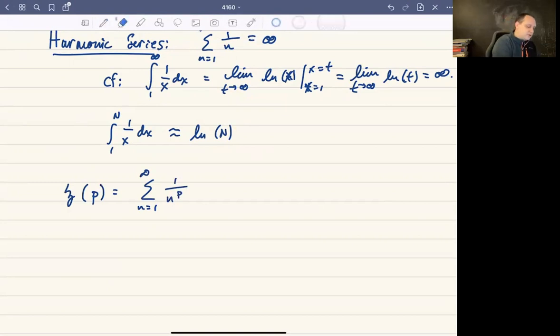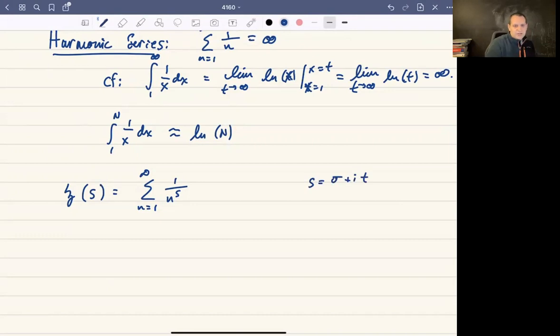But one of the insights that Euler had, or that Riemann had actually when he was studying this, is he said, don't plug in real values p, plug in complex values s, where s is going to be sigma plus it.